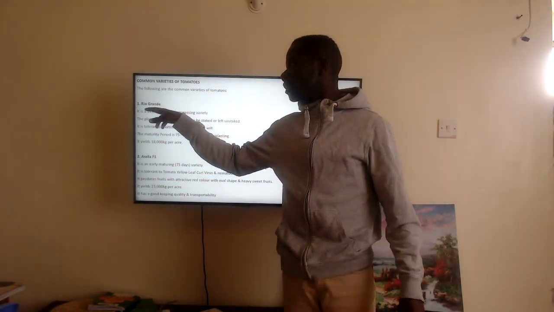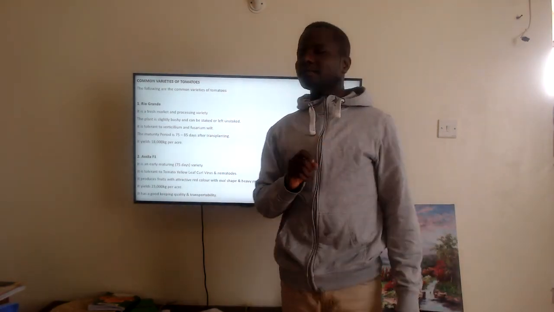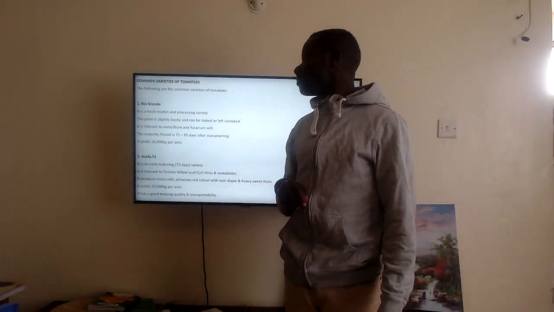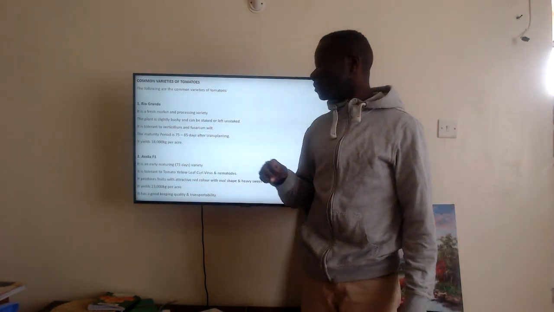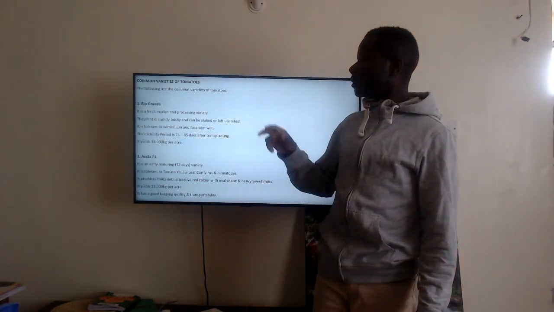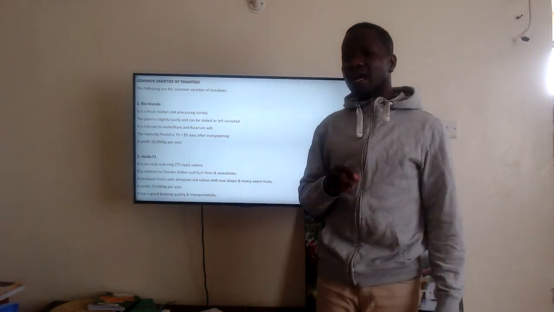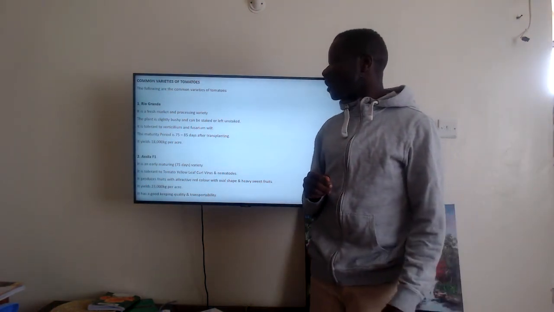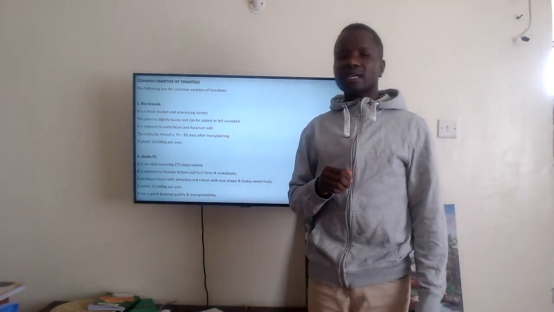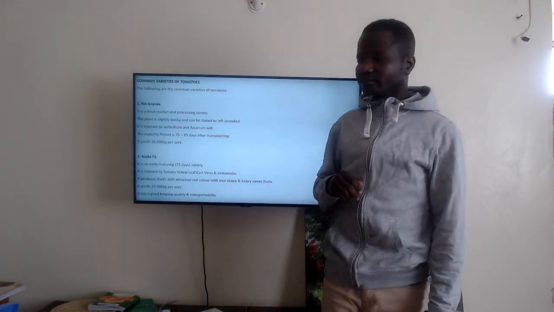So this Rio Grande variety of tomato is tolerant and resistant to verticillium and fusarium wilt. The maturity period of a Rio Grande is between 75 to 85 days after transplanting. It yields around 18,000 kilograms per acre of land.